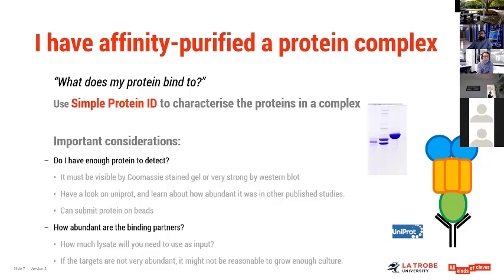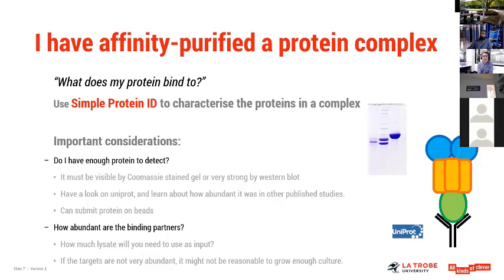Important considerations if you are going to proceed with this sort of experiment would be, do you have enough protein to detect? Sometimes when you do a pull down, the interaction is quite weak and it may not have a lot of the bound complex present. So generally in these situations, you want to have something that's visible by a Coomassie stain gel, just to make sure there is enough there to catch everything in the complex.